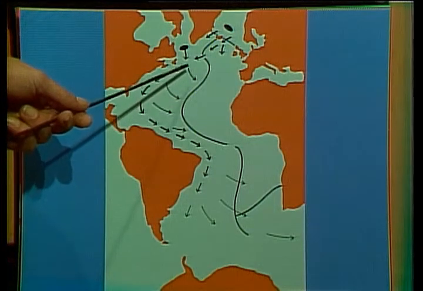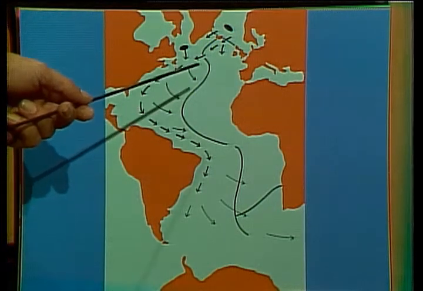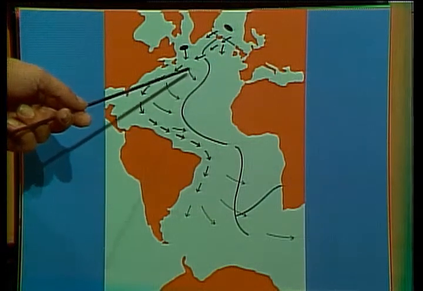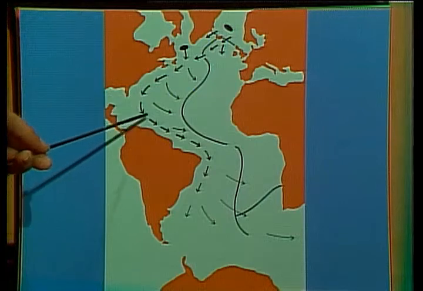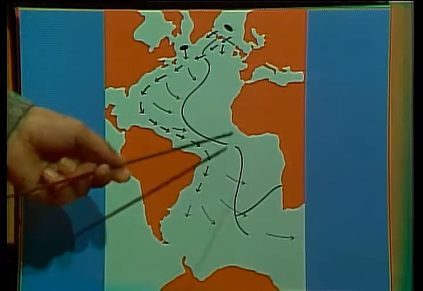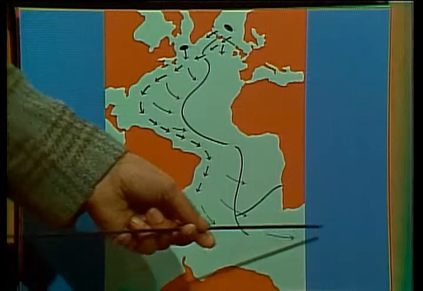Now again, because of the Coriolis force, it is compelled to flow on the western side of the ocean. It flows down the Atlantic all the way down into the South Atlantic, and it also goes round the tip of South Africa into the Pacific.